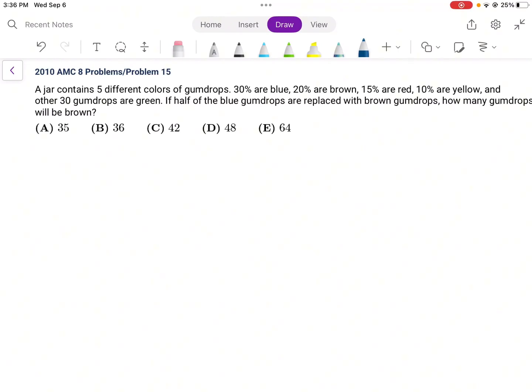Problem 15. We first calculate the total number of gumdrops.